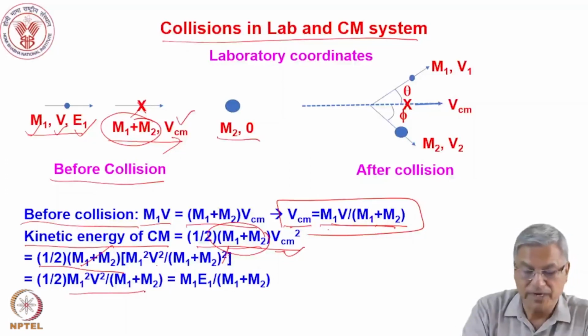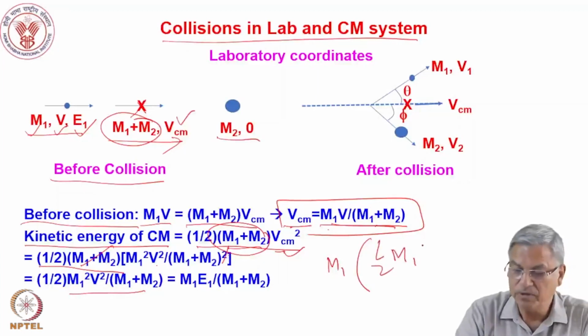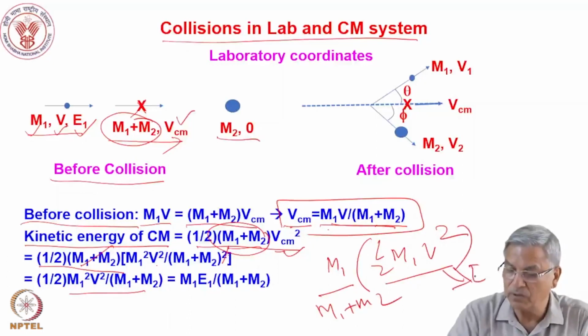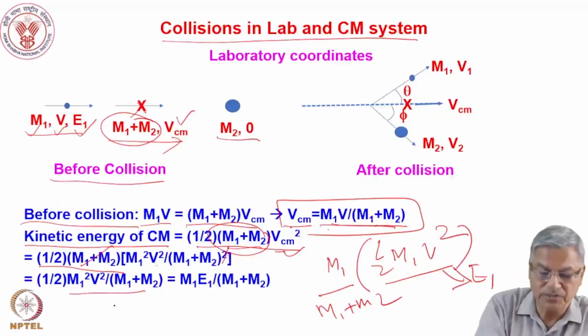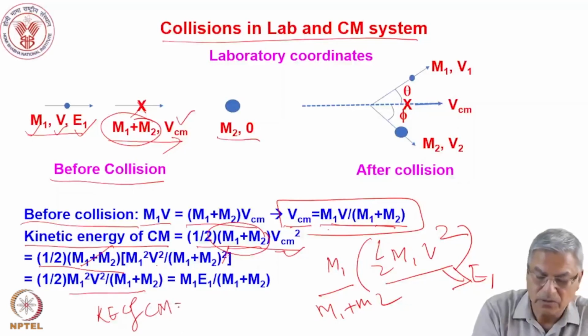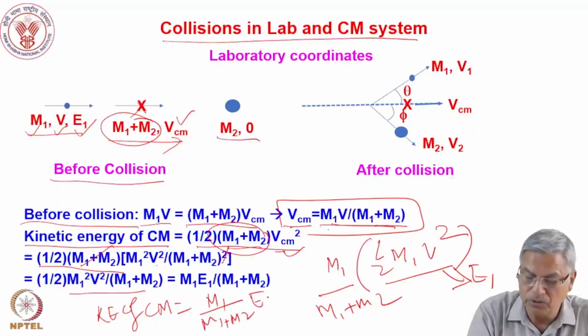If you take m1 common, outside it will be half m1 v square upon (m1 plus m2), and this is nothing but E1. So what we have here is that the kinetic energy of center of mass is equal to m1 upon (m1 plus m2) into E1.